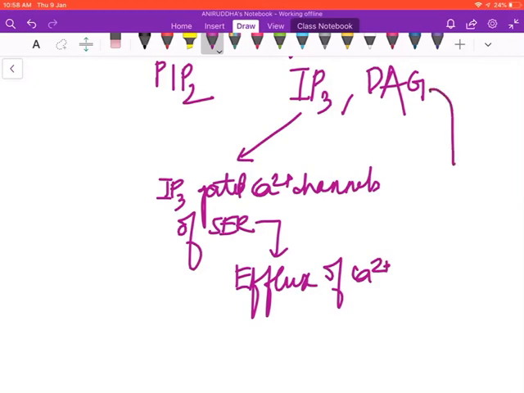will activate protein kinase C, which will activate a host of intracellular cascades, various downstream enzymes.